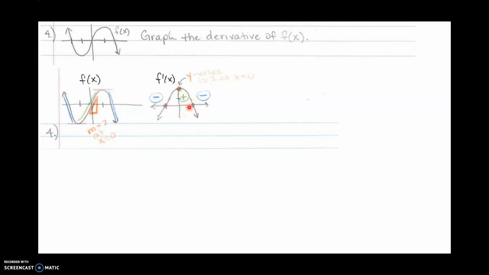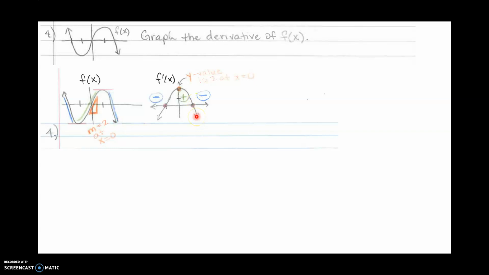All right, then we looked at where the original function was increasing and decreasing. So where the original function is decreasing, any slope that you would draw there would be negative. So wherever it's decreasing, that means that my derivative is negative. And then where it's increasing, my derivative is positive. And where it's decreasing again, my derivative is negative.